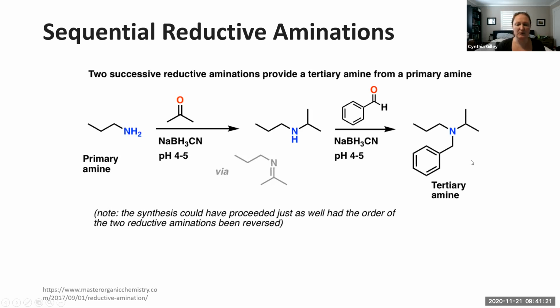And note that if we had reversed this order and instead added the benzyl group first, followed by the isopropyl group, that would be completely fine. So there is no need to add one alkyl group before the other. They would both have worked out just fine.